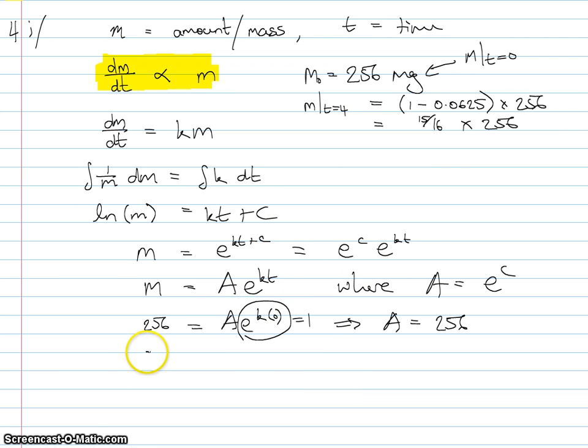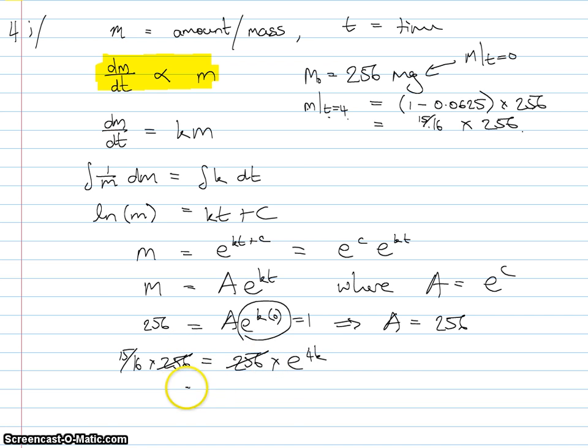So to do that, we substitute in m is equal to 15 over 16 times 256, t equals 4. At this stage it's quite clear why I wanted to leave it as 15 over 16 times 256, because I'm going to have 256 times e to the 4k. That means this and this will cancel out, right?